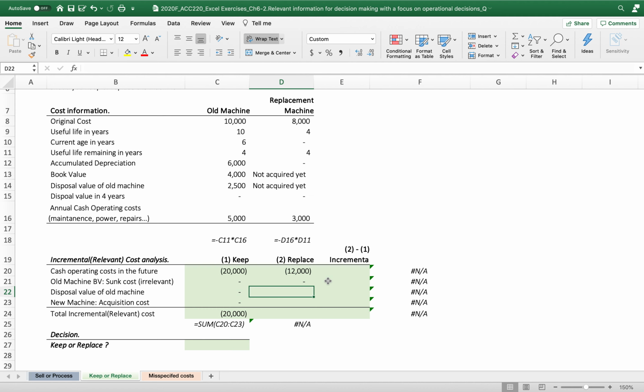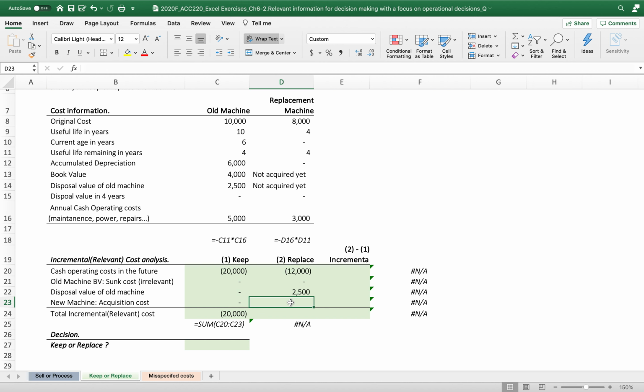Disposal value of the old machine: when we dispose of the old machine, the company gets the benefit when they purchase the new machine. So that is $2,500, which is the benefit. Again, we do not put this 2,500 when we keep, but when we replace, that is the cash inflow. So that is part of the replacement benefit.